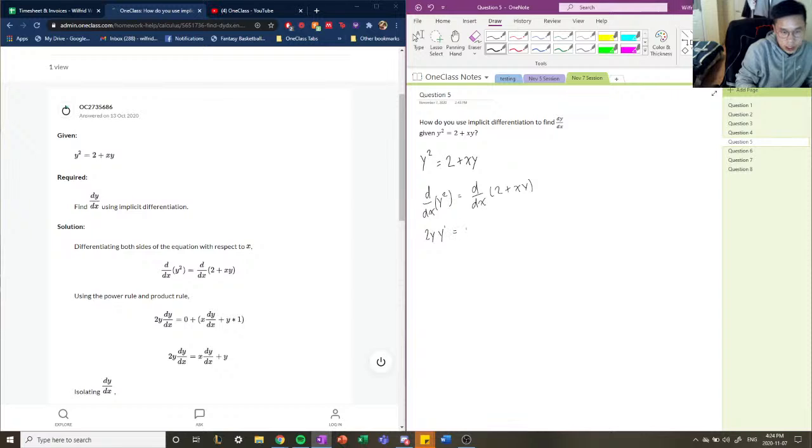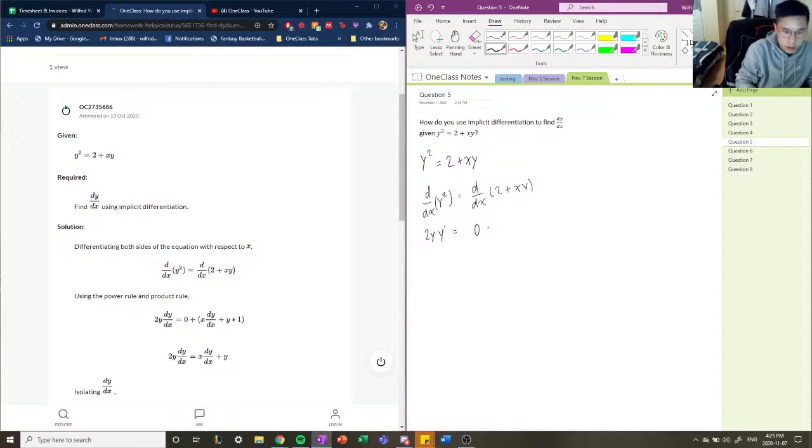Okay, so that's chain rule. For this one, the derivative of a constant is 0 plus xy, so now I have to use the product rule, okay? So the product rule suggests that we take the derivative of x, which is 1.